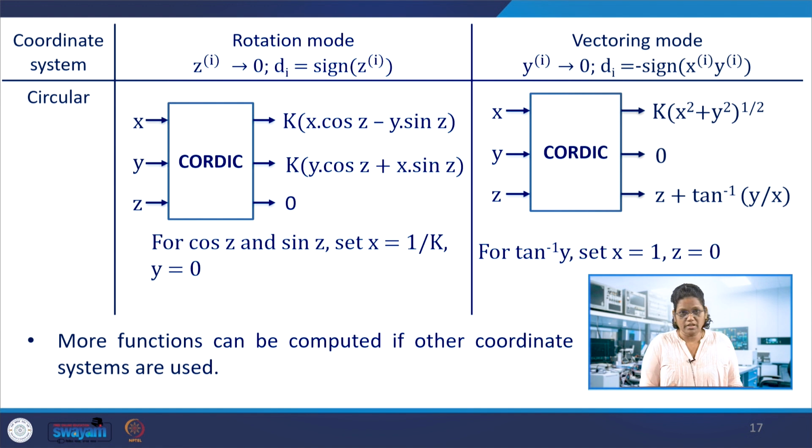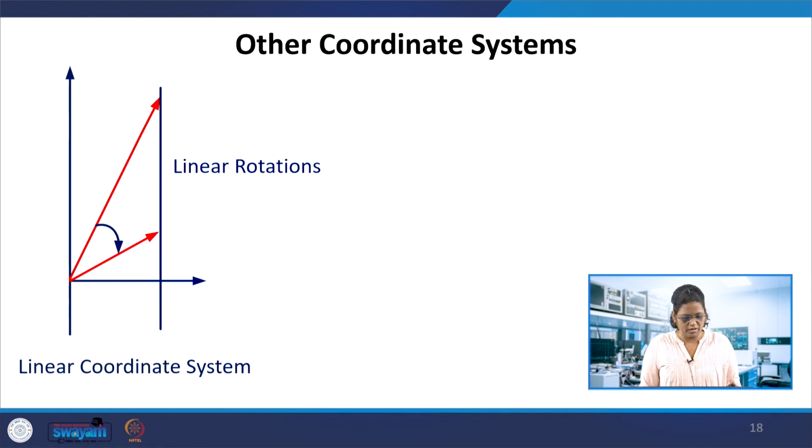More functions can be computed if other coordinate systems are also used. Instead of the circular coordinate, we can have the linear coordinate, where the vector is rotated from here to here, and the vector length follows a line.